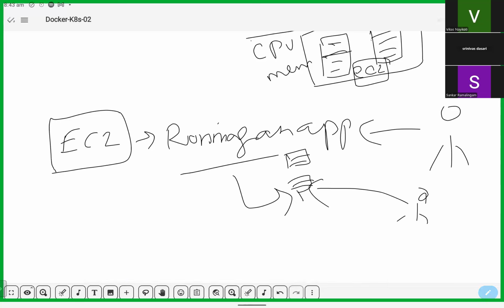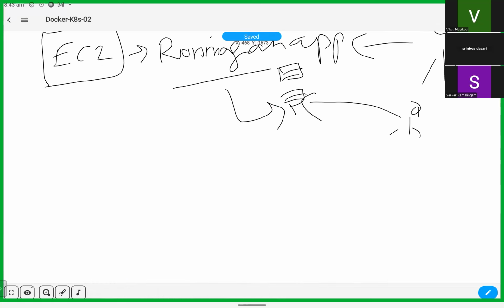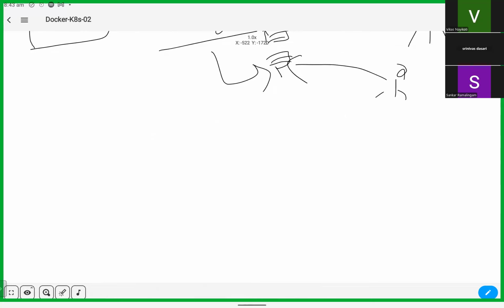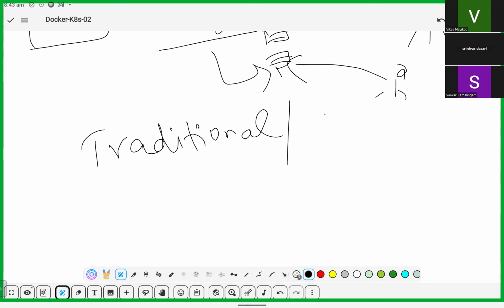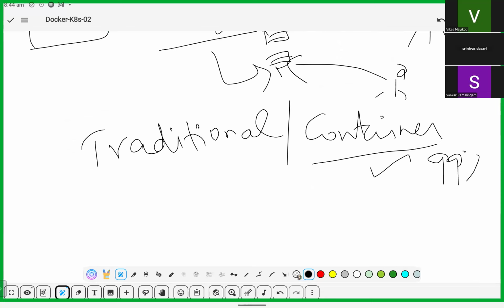So nowadays, what kind of deployments are going on? Is it traditional deployment or Docker-based deployment? Is it traditional or container-based deployment? Container-based nowadays. Almost 99% of workloads or applications are already containerized or deployed in Kubernetes or any other container orchestration system.